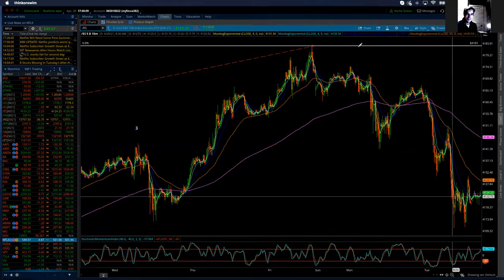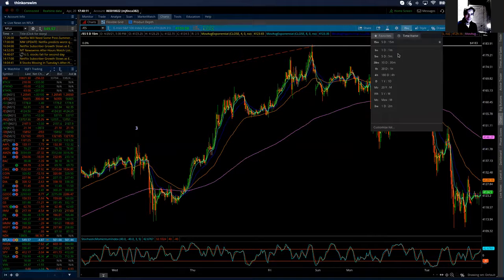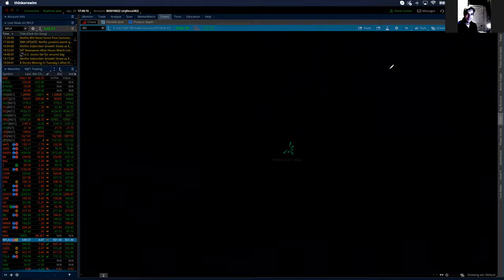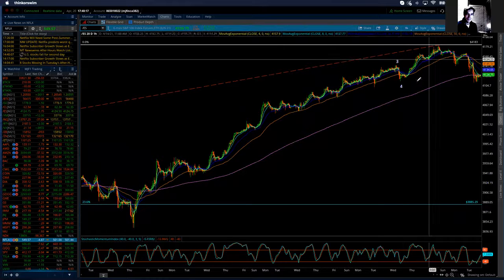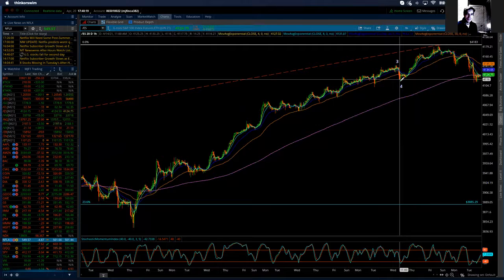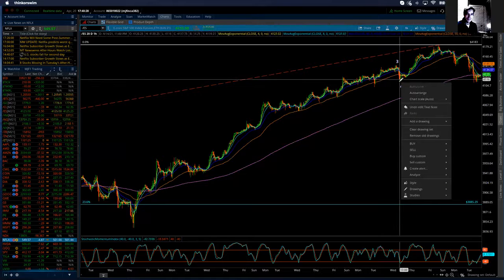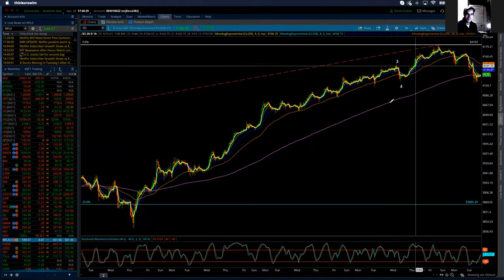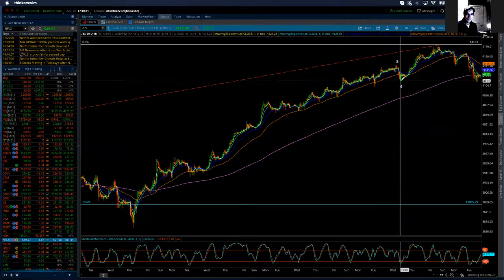And let me take that back, because we can also run some Fibonacci's just to give us a little bit cleaner idea. Let me see if I can pull up some fibs.